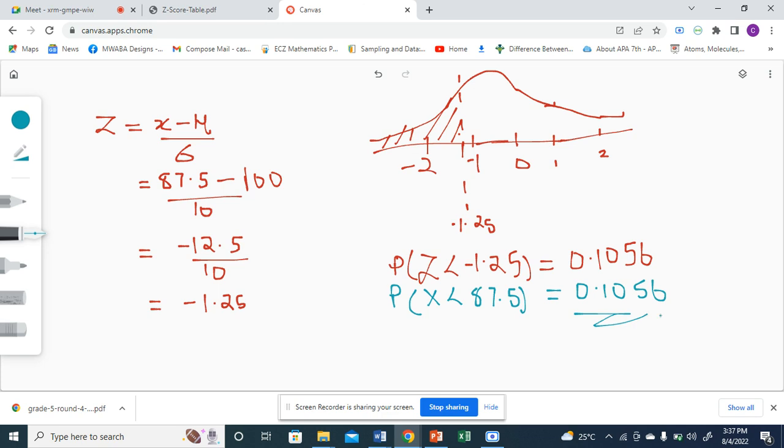You can convert it into percentage. That should be 10.56%.